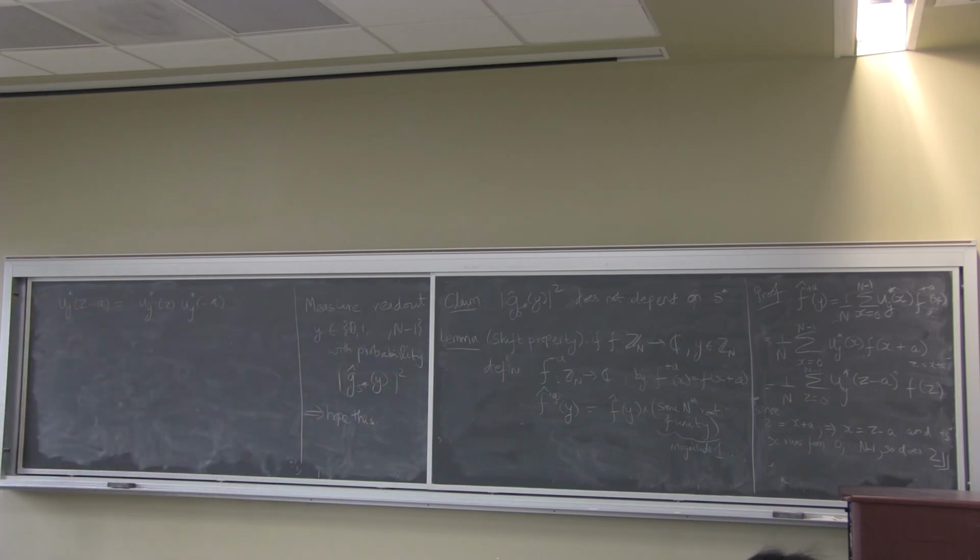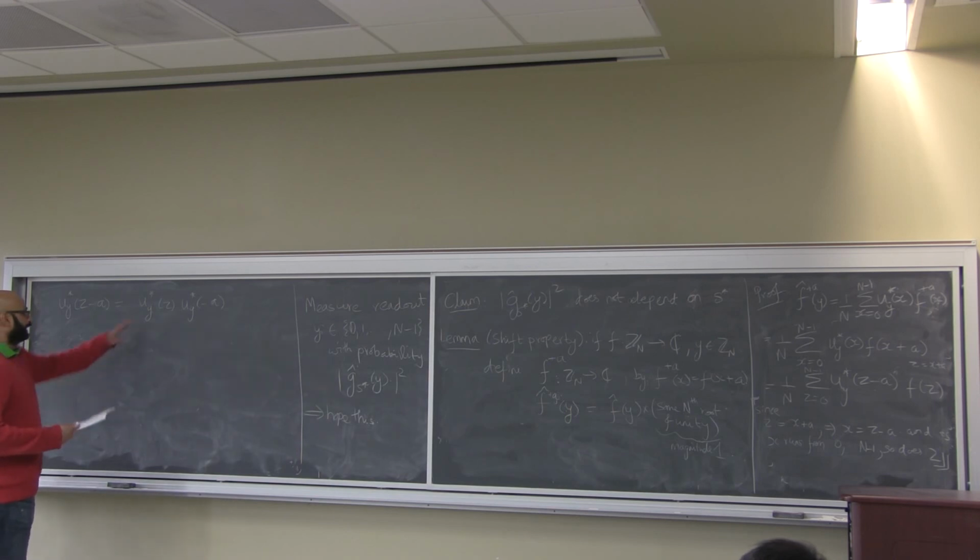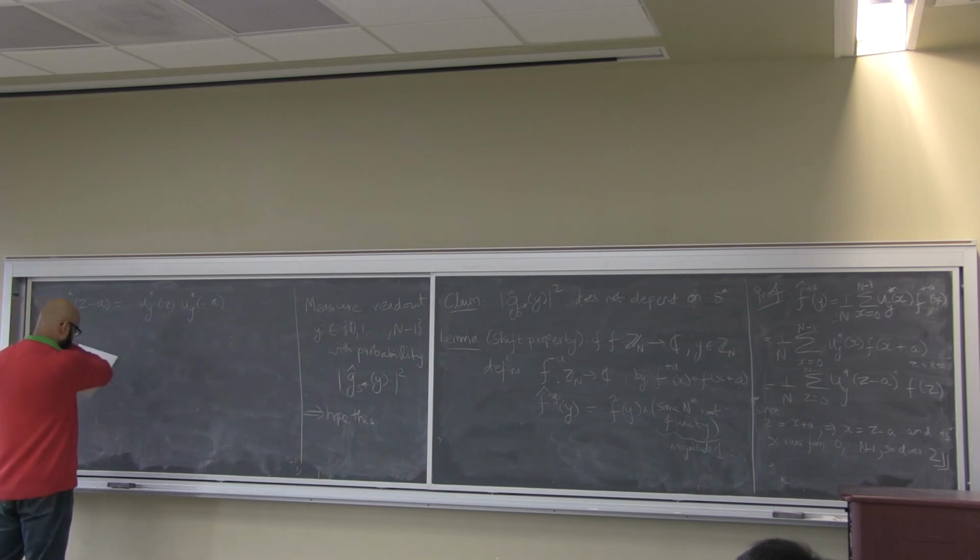Okay? That is the character property or the multiplication property of these functions u_y, or simply because we already showed that u_y of z is simply the power of e to the 2 pi i, we also know that this will be true.